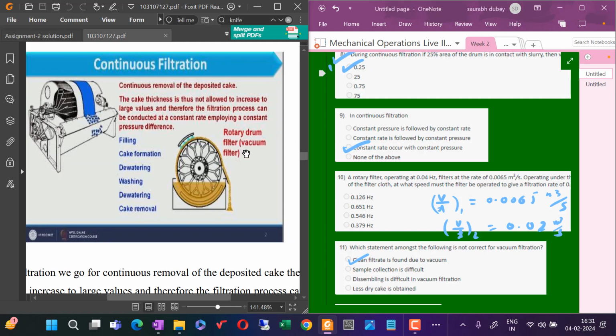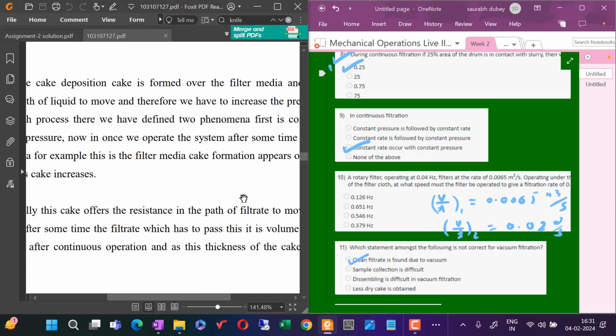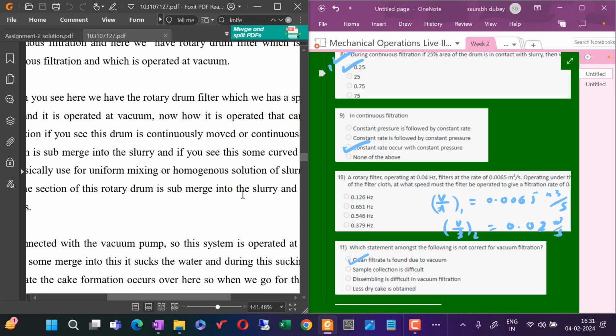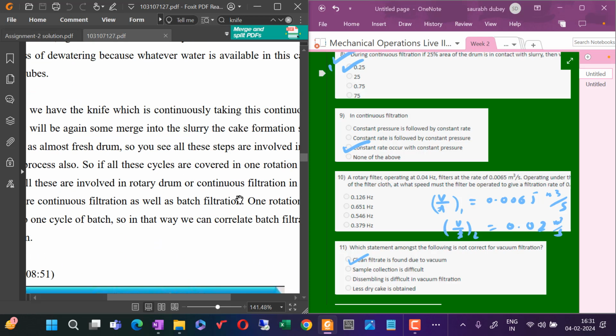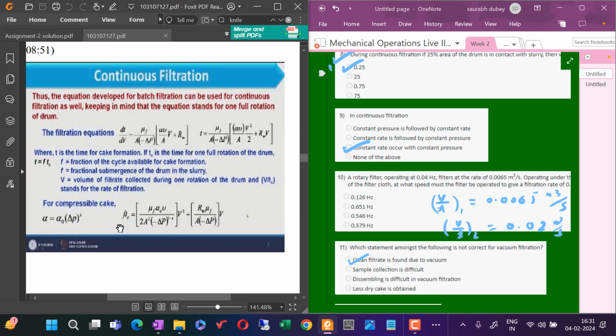See that the rotary drum filter is the continuous filtration unit, and here the time is directly proportional to the square of the volume of the filtrate when there is no cake resistance. We have to assume that anyway in order to get something out of this.